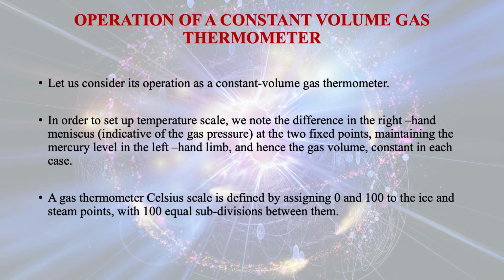A gas thermometer Celsius scale is defined by assigning 0 and 100 to the ice and steam points with 100 equal subdivisions between them.